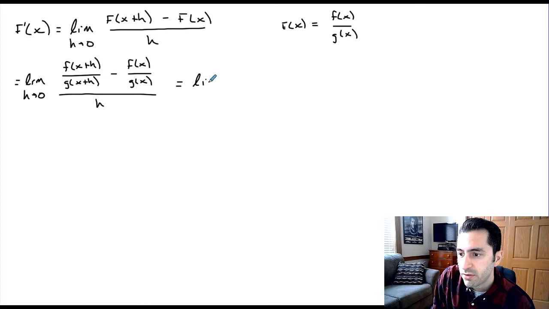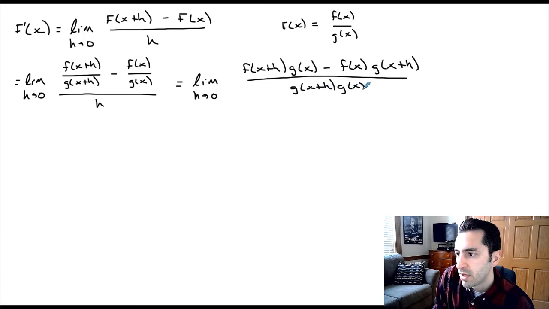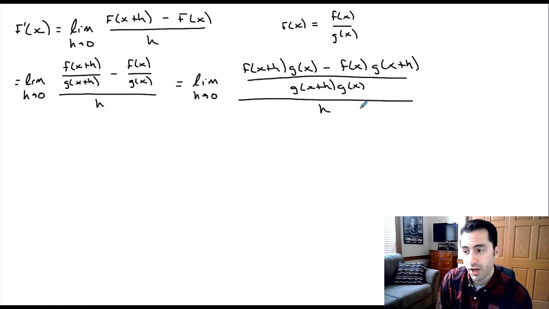If I do that, I'm going to end up with f of x plus h times g of x minus f of x times g of x plus h, over my common denominator, which is g of x plus h times g of x. And again, this is still all over h for now.